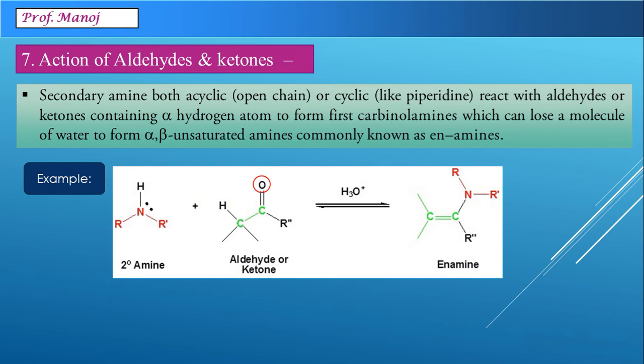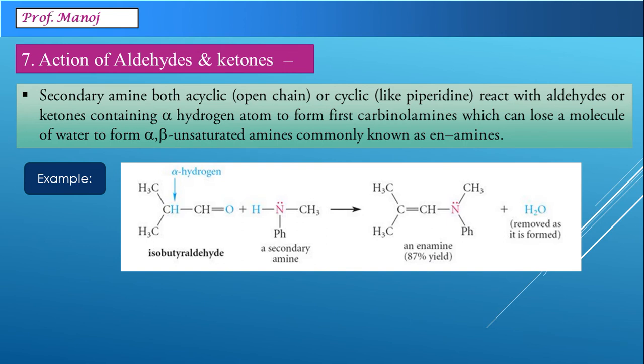The oxygen of aldehyde or ketone, alpha hydrogen and secondary amine's hydrogen together are lost as water. The nitrogen's lone pair attacks the carbon and the bond of hydrogen shifts to the carbon atom. That gives you a compound with ene, that means double bond, and amine, which is secondary amine, which is the final product.